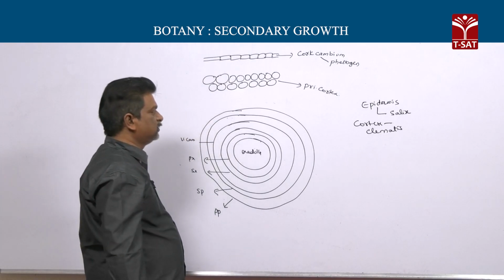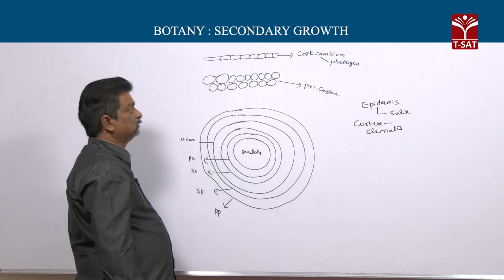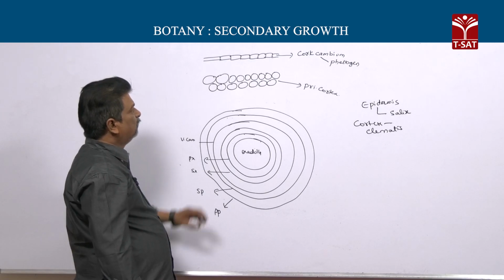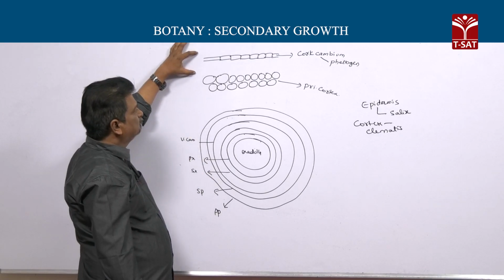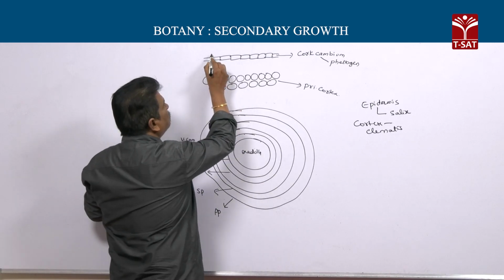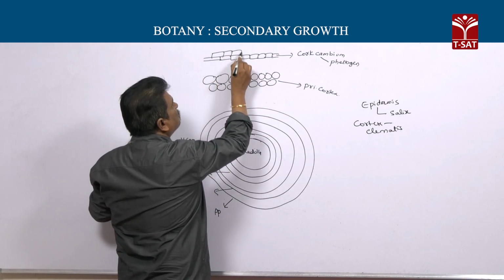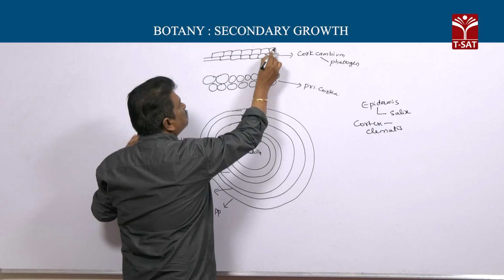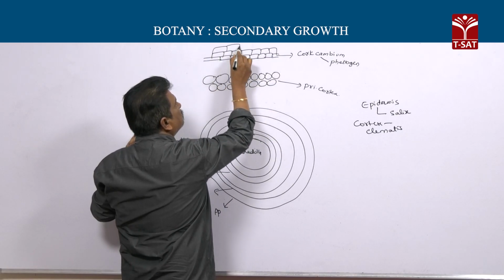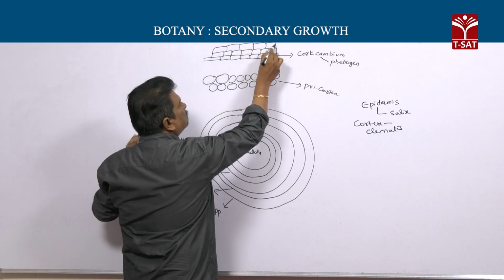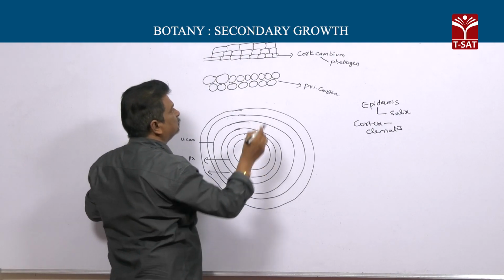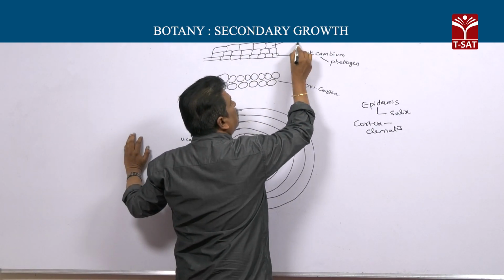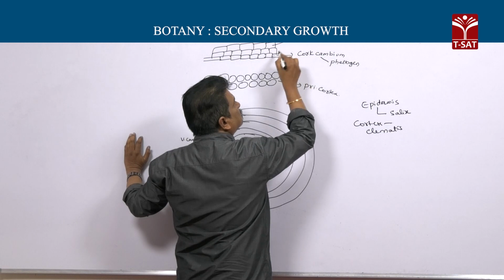Cortex, Clematis; epidermis, Salix. After formation of the cork cambium, it undergoes periclinal division and produces cells on both sides.